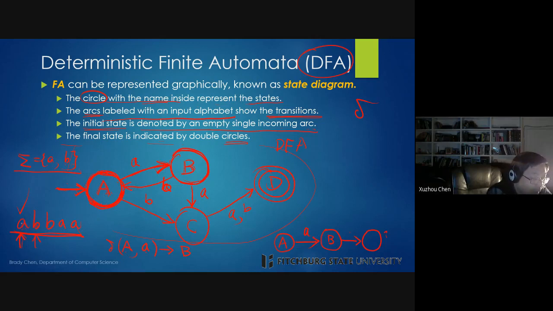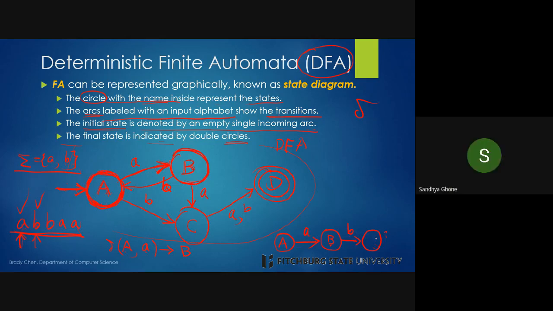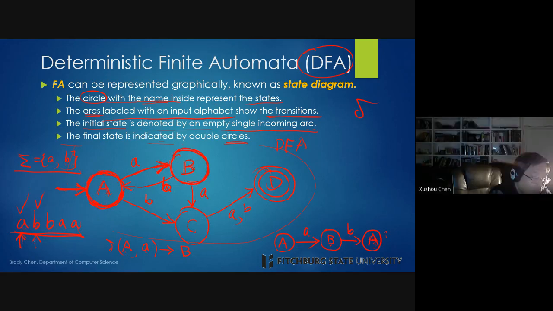The first value is A, the second value is B. So where am I going to go? What is the next state based on the finite state machine? Back to A, because the current state is B and the input value is B. So I follow this arc back to A.